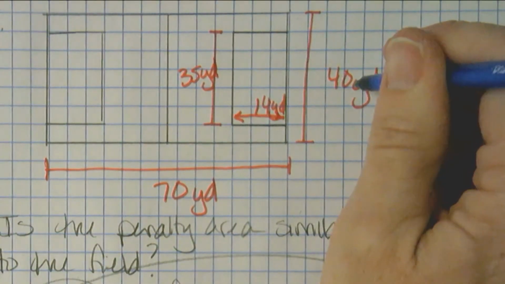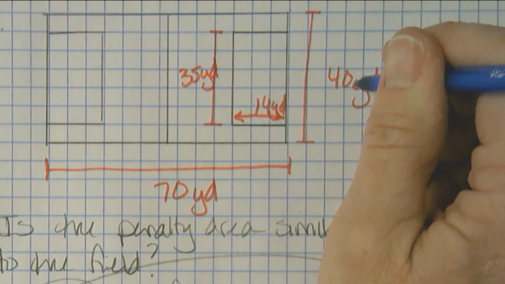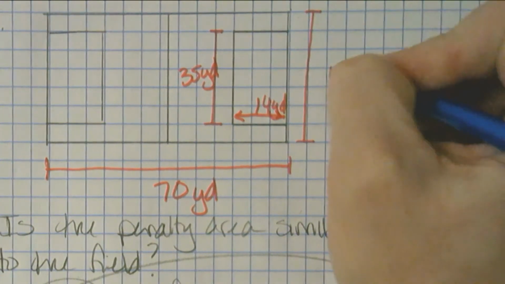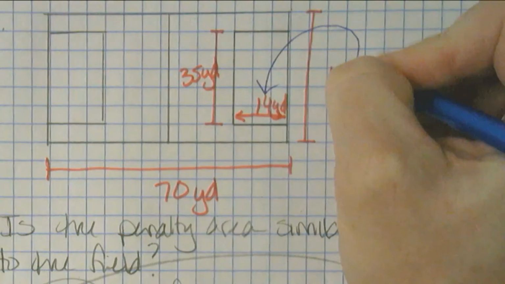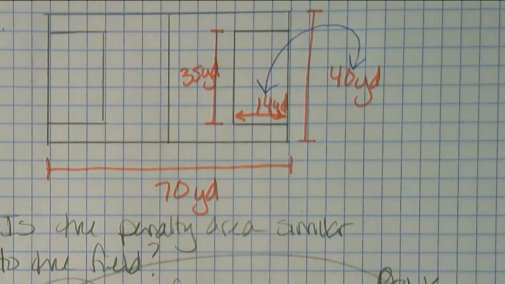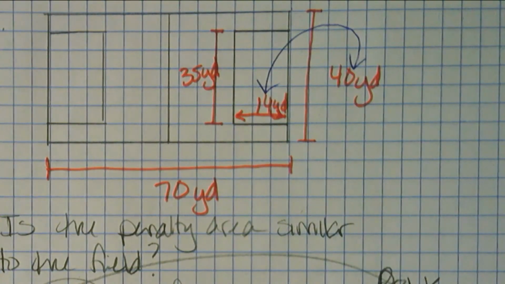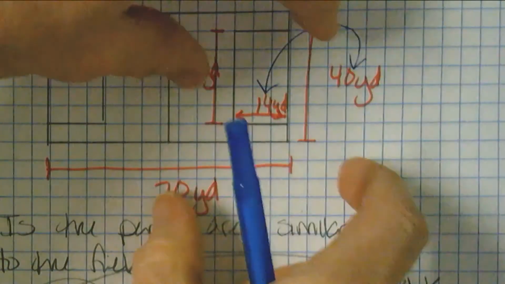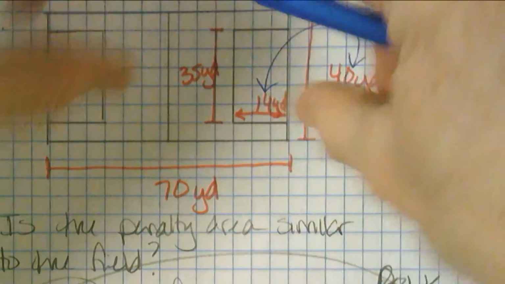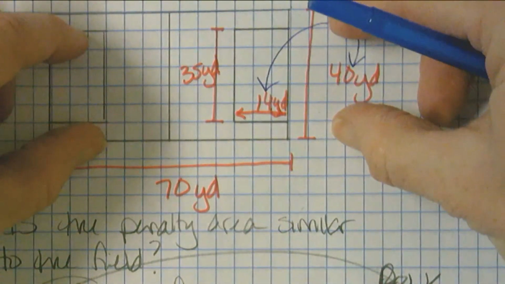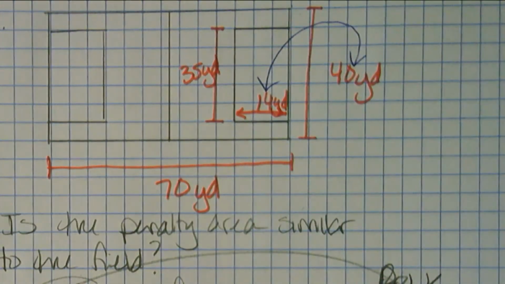What is the corresponding side that goes with my 40? Alex? Excellent. I'm just going to draw a line to those, because visually it makes it easier to see my corresponding sides. If I turn my smaller rectangle so it's oriented the same way as my bigger one, those two sides line up. How many of you see that those are corresponding sides? Are you cool with that?